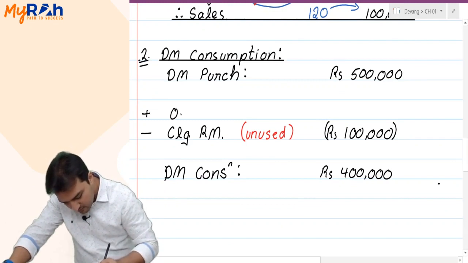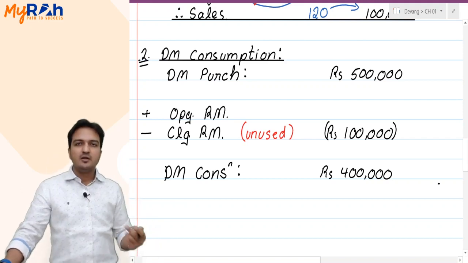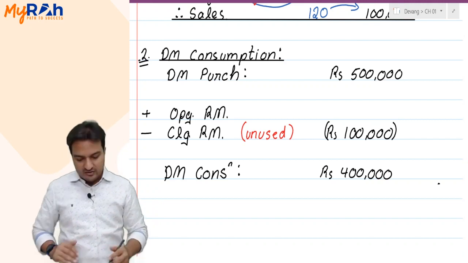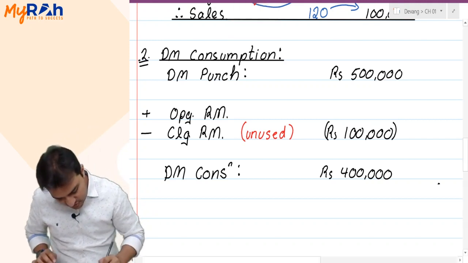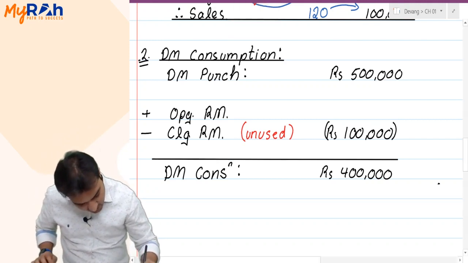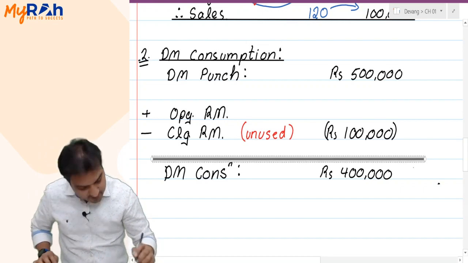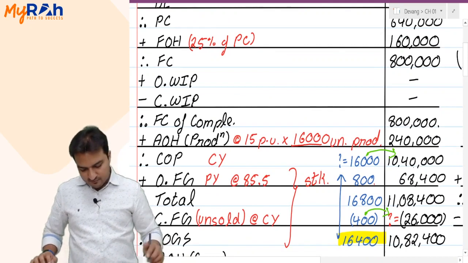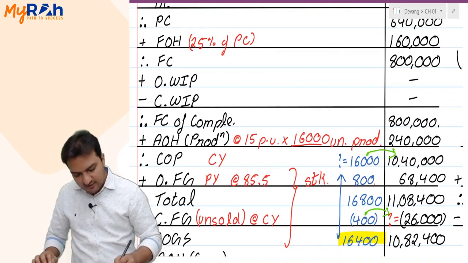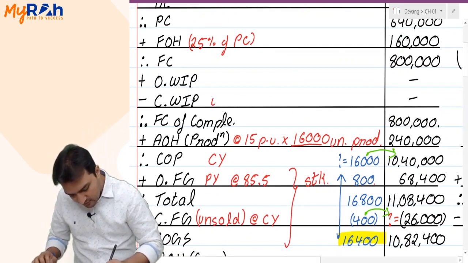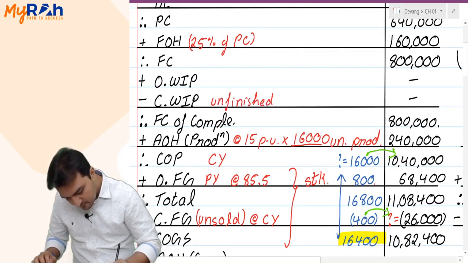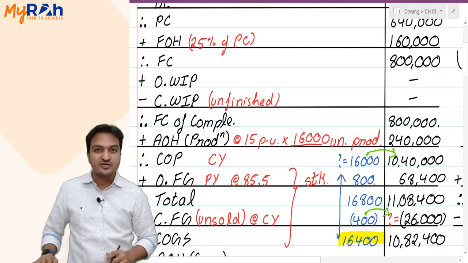Add opening raw material less closing raw material will give me the direct material consumed. Just like incomplete units, meaning WIP, were removed here, unfinished goods were removed in the cost sheet format.